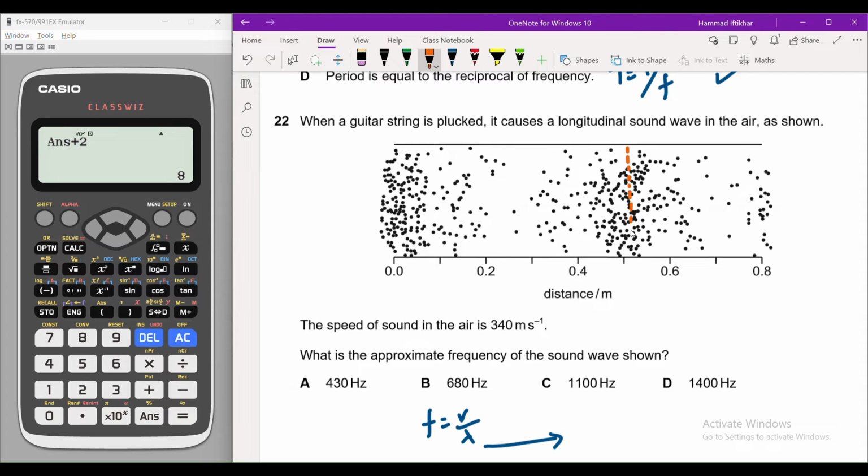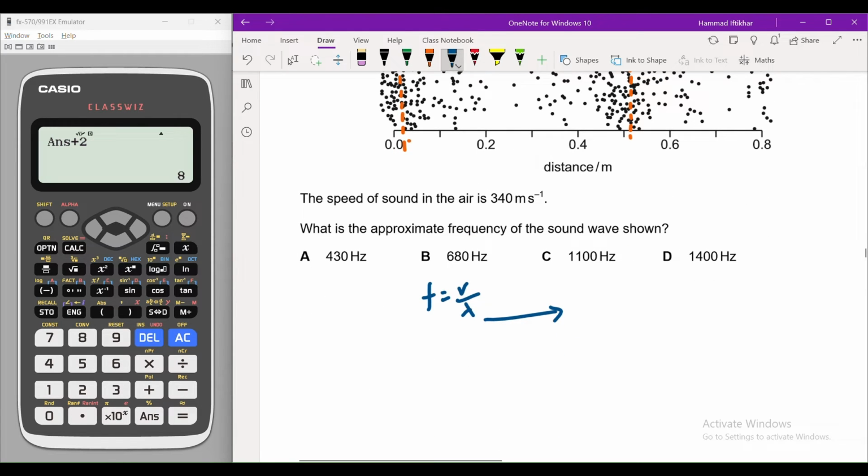So this is the compression over here and this compression over here. So roughly about 0.5 meters wavelength. So we have 340 meters per second divided by 0.5, 680, so roughly that.